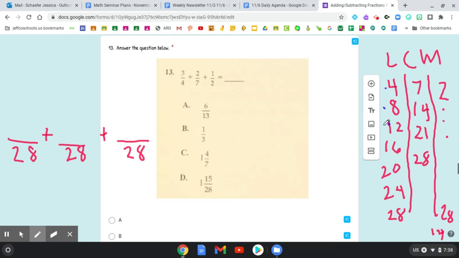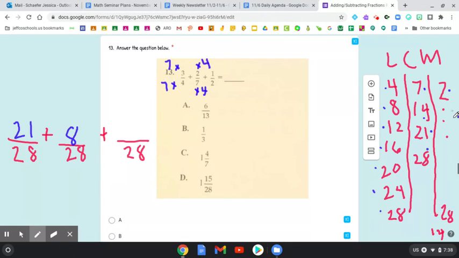And then I'm going to think about what do I multiply by. In the 4s, it's the 7th one to get to 28. So this is times 7. 3 times 7 would be 21. In the 7s, it's times 4 to get to 28. So the middle is times 4. 2 times 4 is 8.